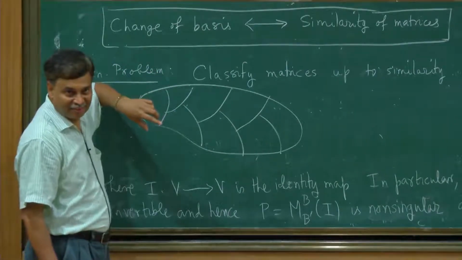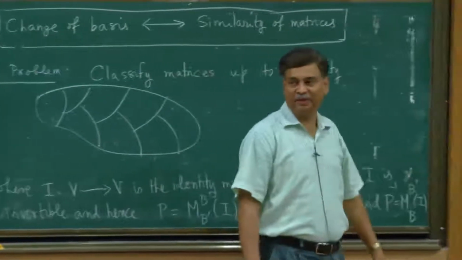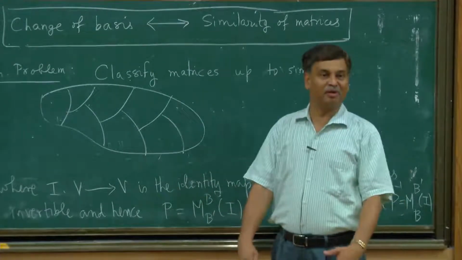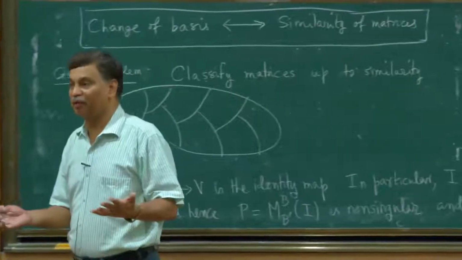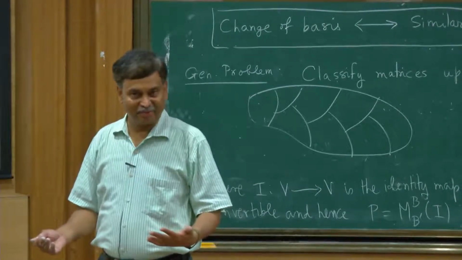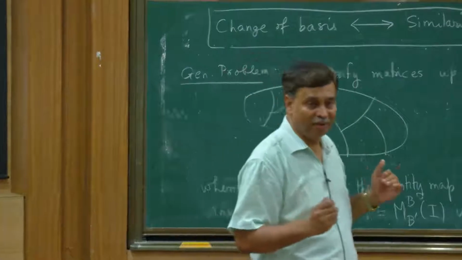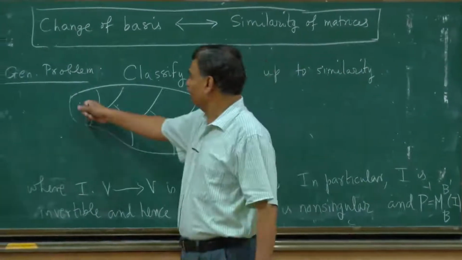For example, we did this when we talked about equivalence of matrices, and there we saw that one way to recognize whether or not two matrices are equivalent is to simply look at their rank. If the rank is the same, they are equivalent. If not, they are not equivalent. Furthermore, we had a very nice canonical form, a good representative for each of the blocks.